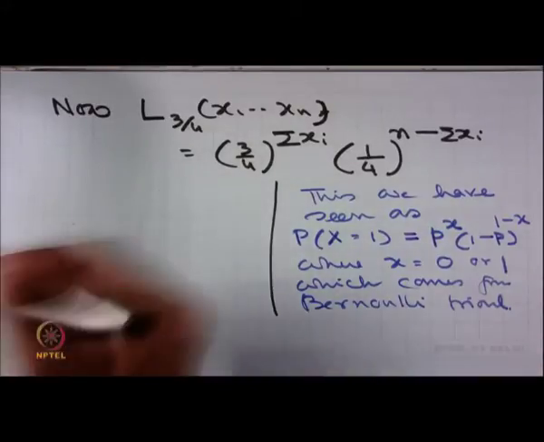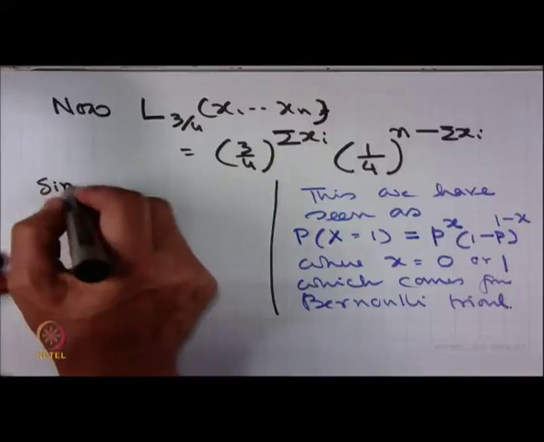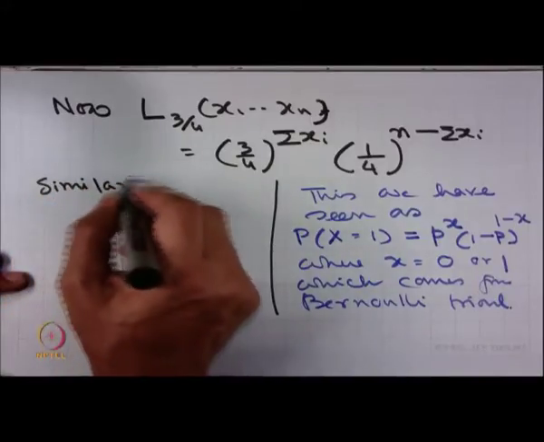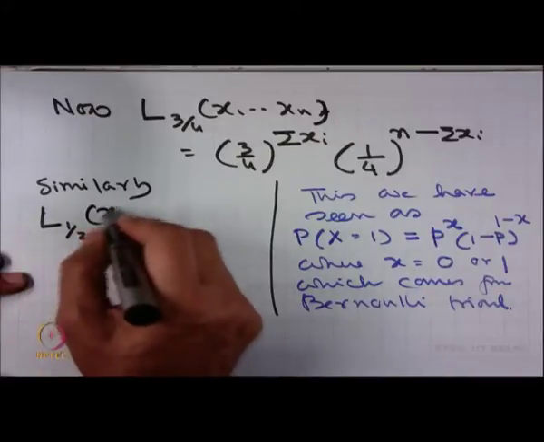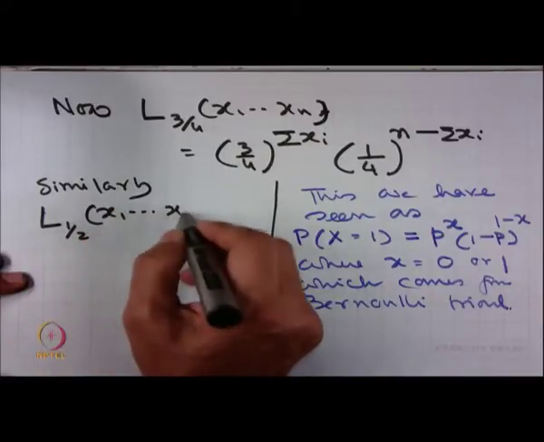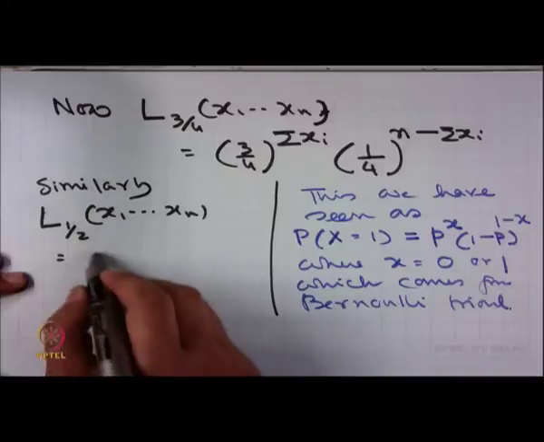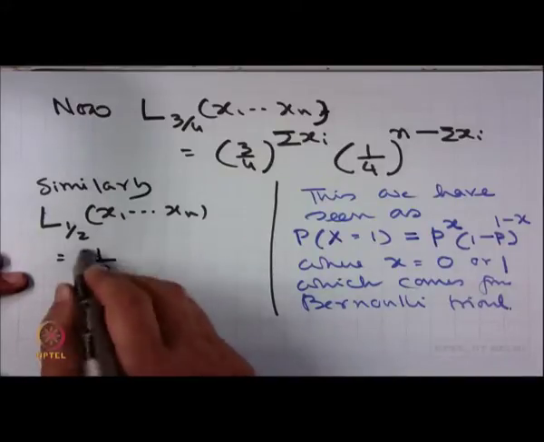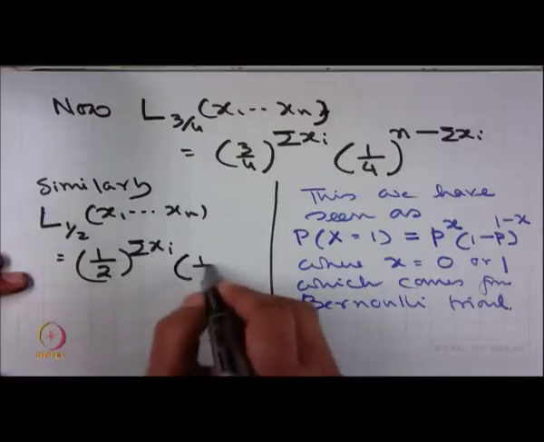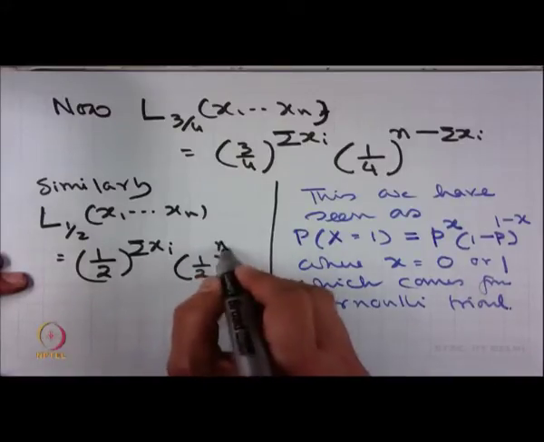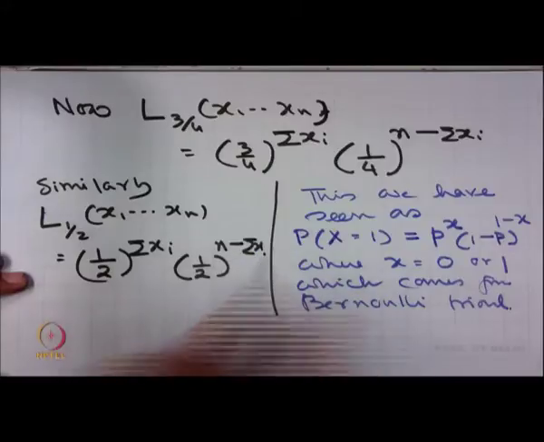Similarly, L half of x1 x2 xn is equal to half to the power sigma xi into half to the power n minus sigma xi.